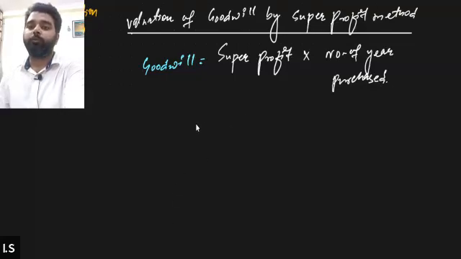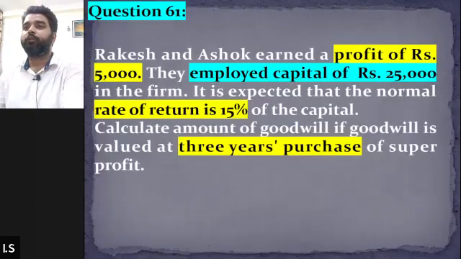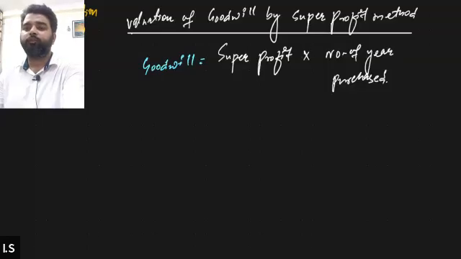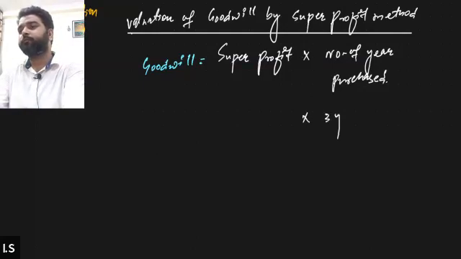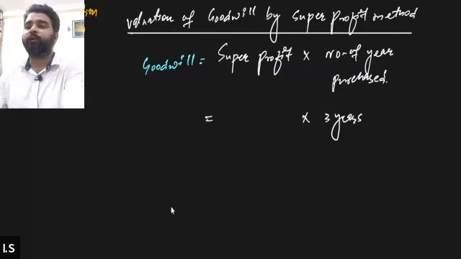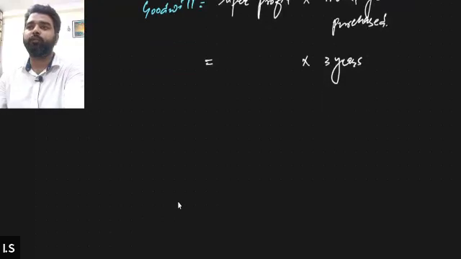The number of years purchase is given in the question, but the super profit is not given. So the number of years purchase is 3. All we need to do is find out the super profit only. Once we calculate the value of the super profit, we can simply know the value of the goodwill.